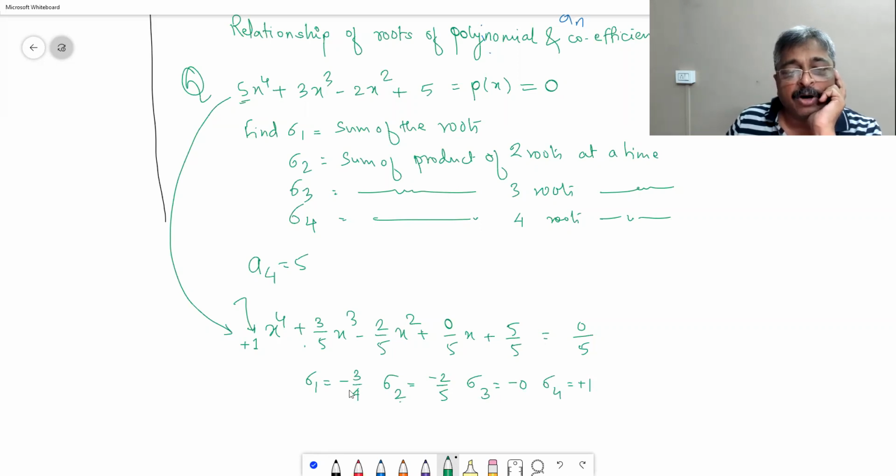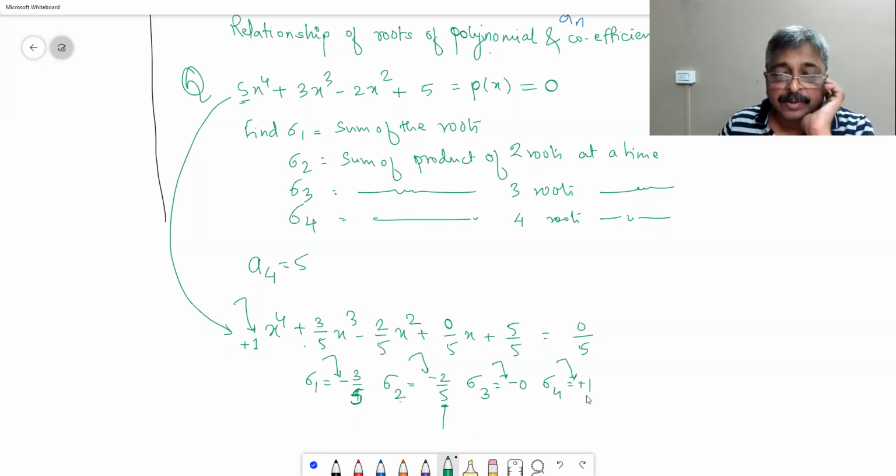What is sigma 1 here? Always, sigma 1 is the sum of all the roots. It is that easy. There is a chance that you make a mistake here as far as the signs are concerned, and a chance that you forget dividing by 5. So the product of the roots is 1, and the sum of the roots is minus 3 by 5.